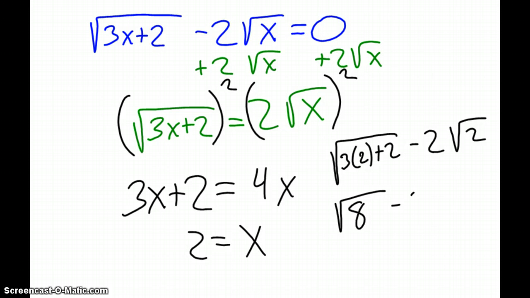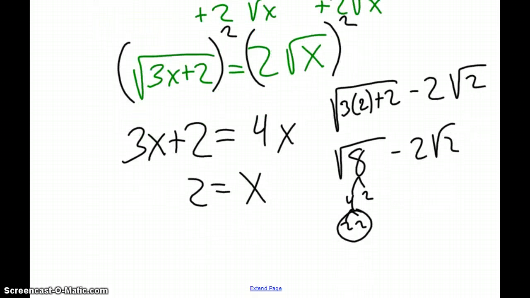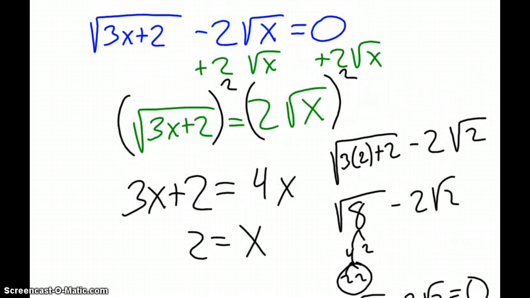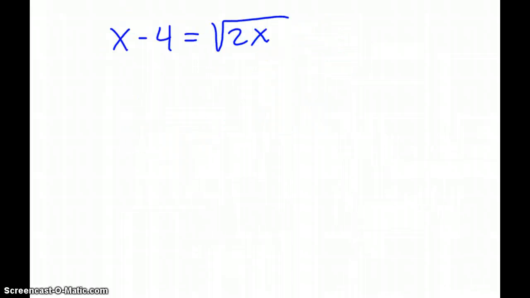So I get radical 8 minus 2 radical 2. Radical 8 is radical 4 times radical 2, which is 2 radical 2. So I end up with 2 radical 2 minus 2 radical 2, which is 0. So that did work.